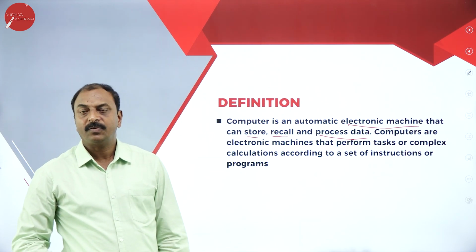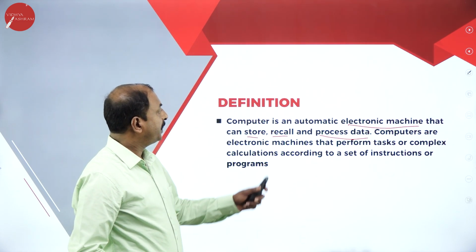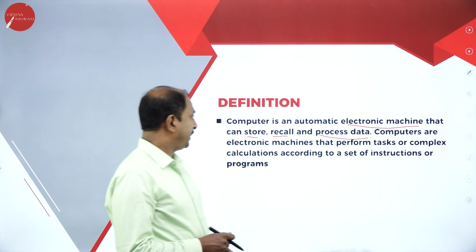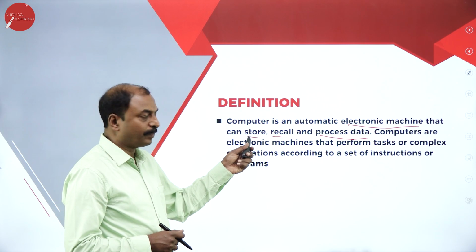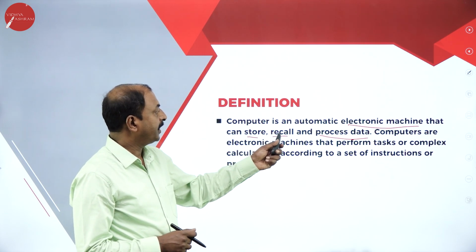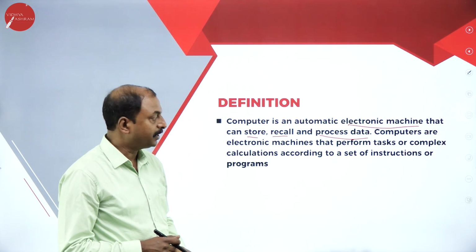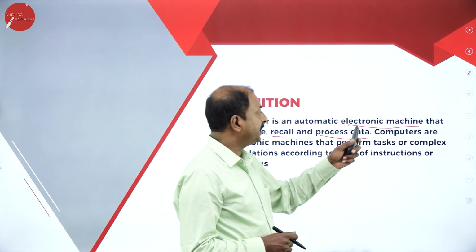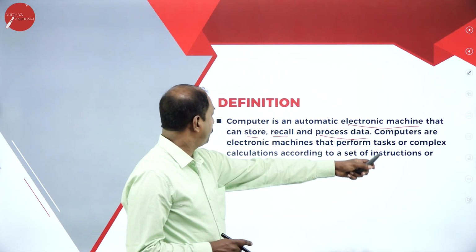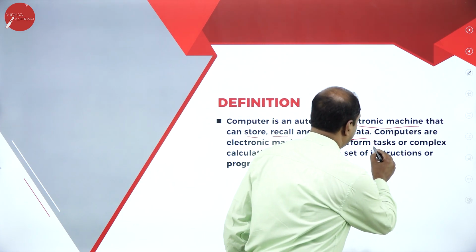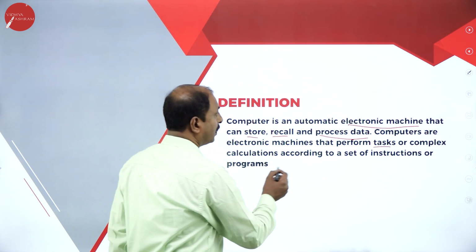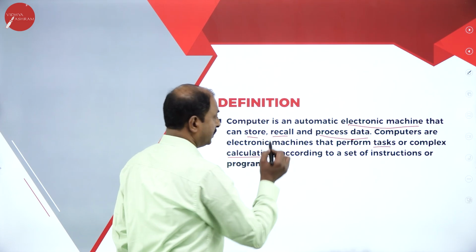So, what is the function of a computer? Computer is an electronic machine and it processes the data, and it can store the information or data, and we can access those data and information, and in general it processes the data. So, computers are electronic machines that perform tasks or complex calculations.